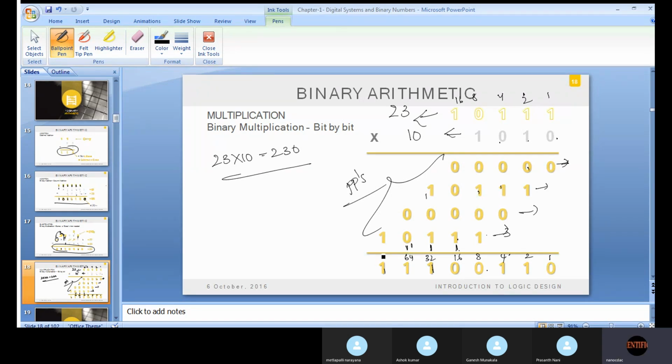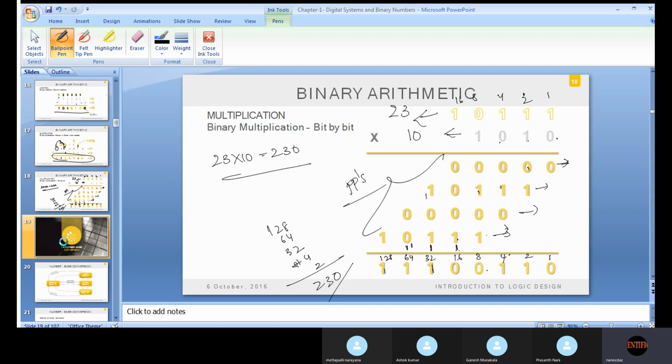What is this? 128. Now what is 128 plus 64 plus 32 plus 4 plus 2? Did you get 230 or not? Very good. This is 230. Okay, so this is binary multiplication.